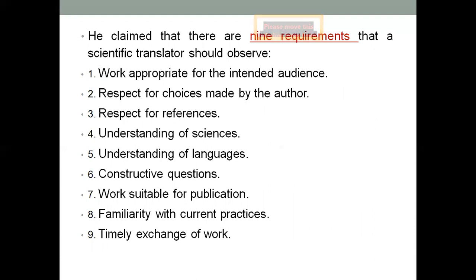Actually, we have nine requirements for the scientific translator, but the main requirement is requirement number 4, which is understanding of sciences.